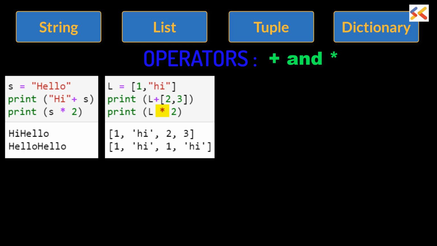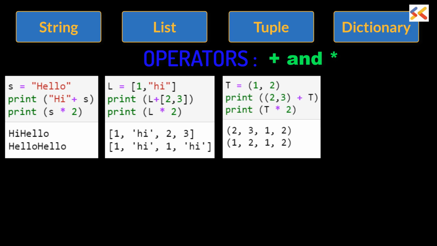It will give a new list with original list replicated that many number of times. Tuples also behave the same way. If you use plus operator, you can concatenate only tuples, and for multiplication operator, you can only give integer value and it works as a replication operator and gives a new tuple with original tuple replicated n times.